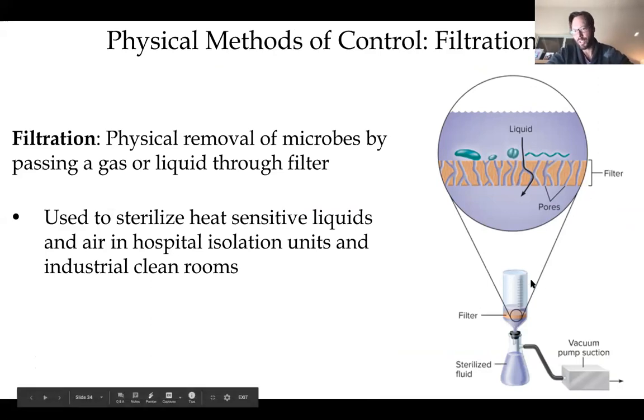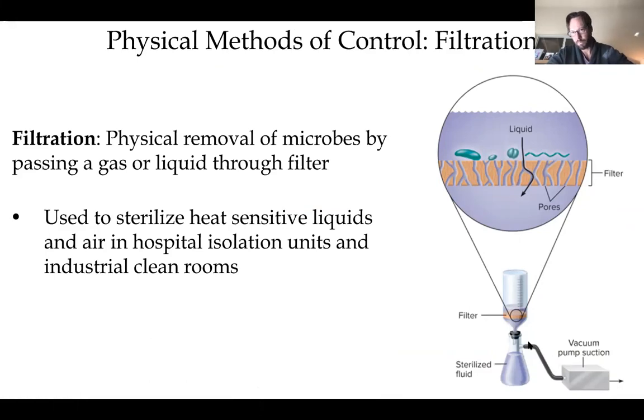In the lab, particularly, we put that filter on top of a flask, and we have some kind of vacuum filtration method to force the liquid into the bottom flask, as it's quicker than waiting for gravity. And then all the bad stuff stays on the other side of the membrane.